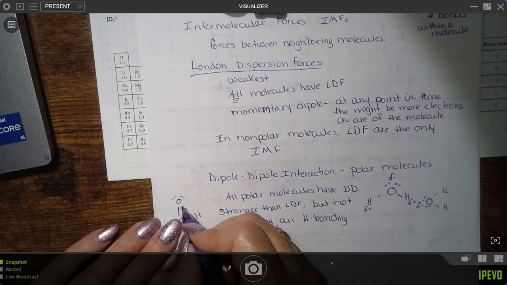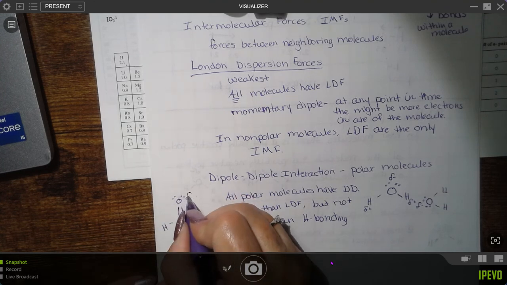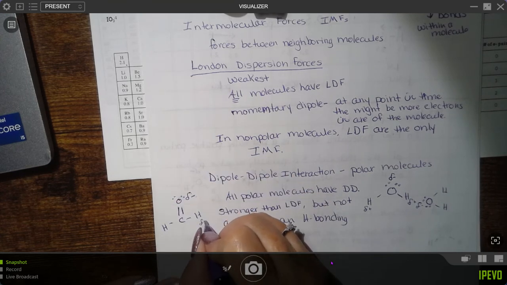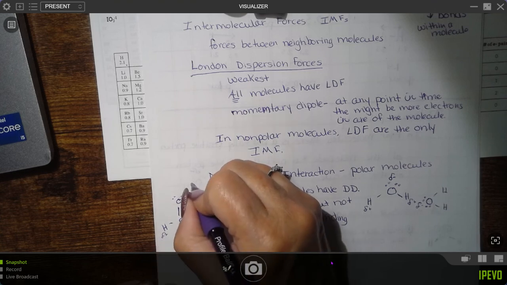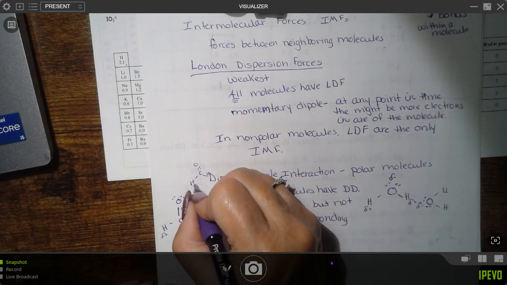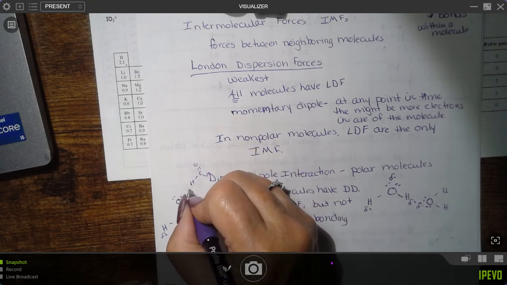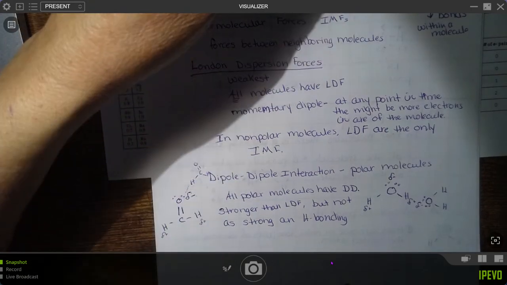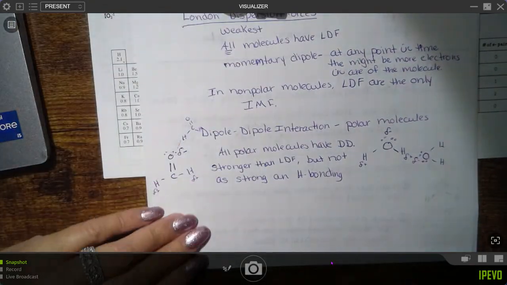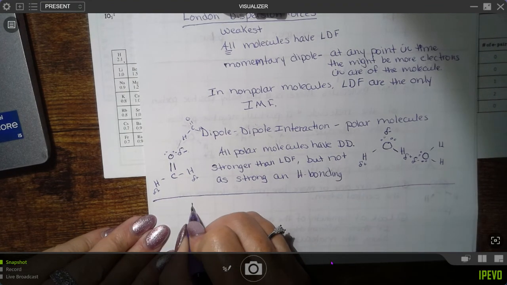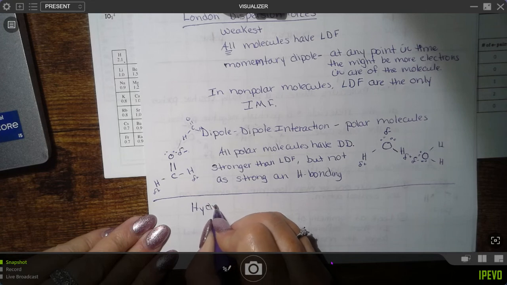Because this oxygen has the extra electrons around it, it would be partially negative, and these would be partially positive. The hydrogen from a neighboring molecule, the one that's partially positive, would be attracted to that oxygen. So dipole-dipole interaction is a little bit stronger than London dispersion forces, but not as strong as our final intermolecular force, which is called hydrogen bonding.